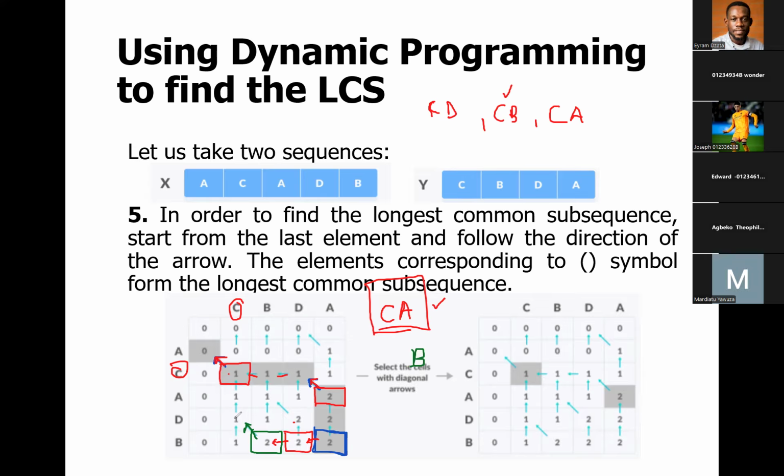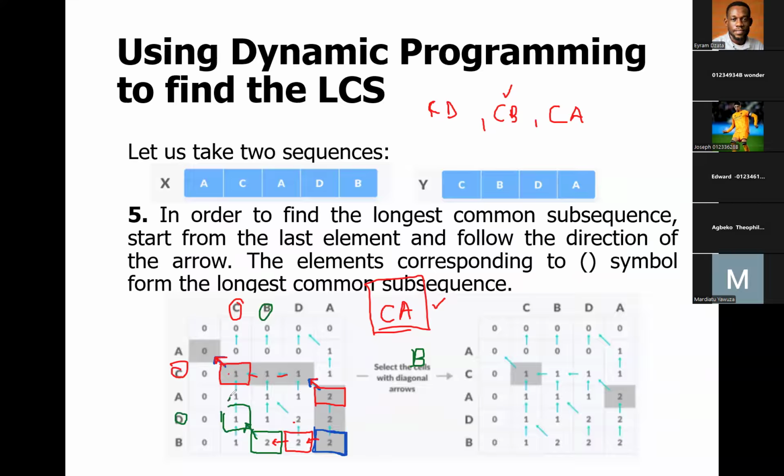So the diagonal is leading us to this. Okay, so with this one, if we look at this particular cell here, we have 1. Now this is D and B. They are not the same.